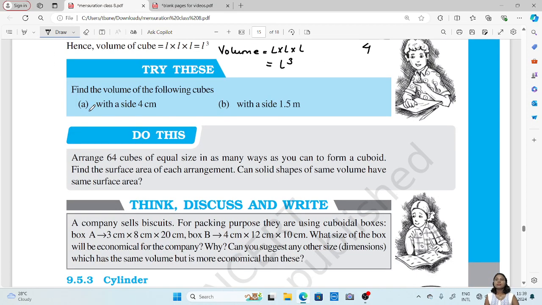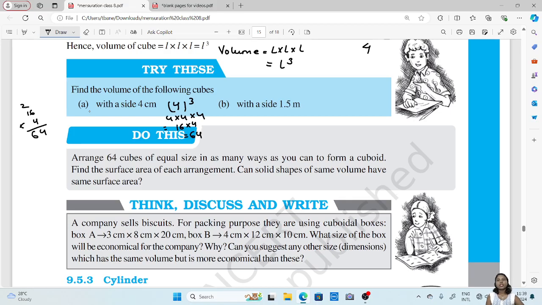Now see here, find the volume of the following cube with a side 4 centimeters. So here it will be 4 cube. So it will be 4 into 4 into 4. That is 4 4s are 16 into 4, 64.